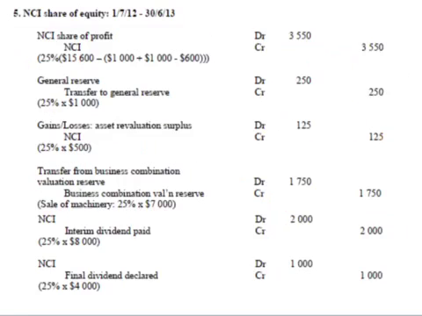On the screen you now have the NCI adjustments relating to transactions that affect the equity of the subsidiary in the current financial year. The first one is to extract the NCI's portion of the profit reported by the subsidiary for the current year.